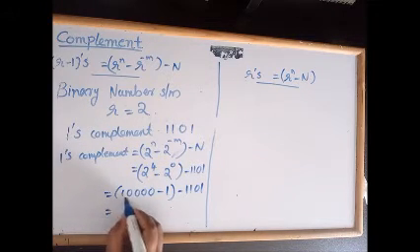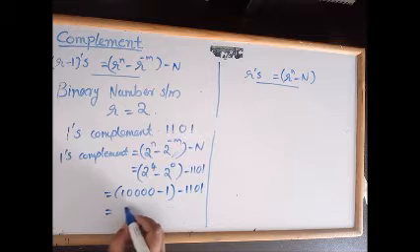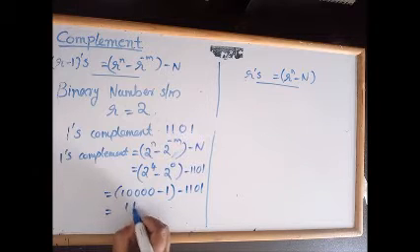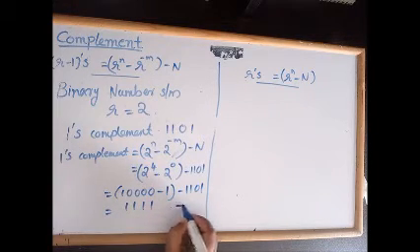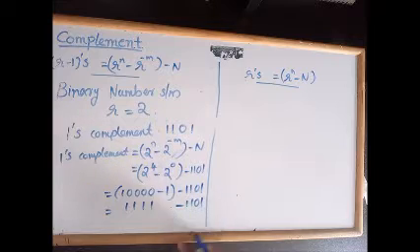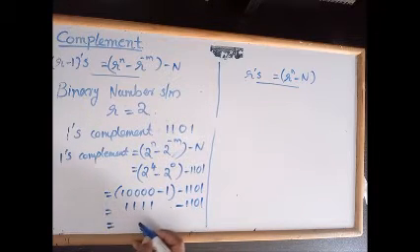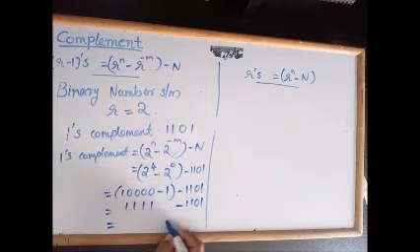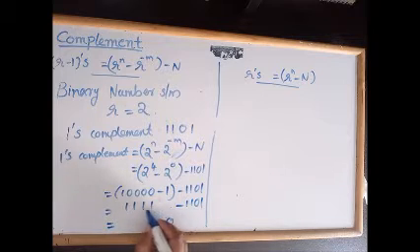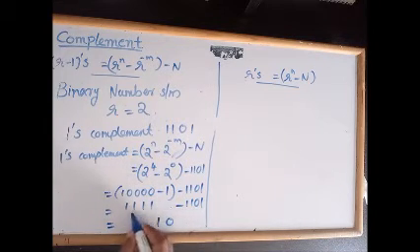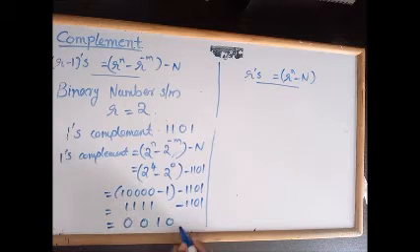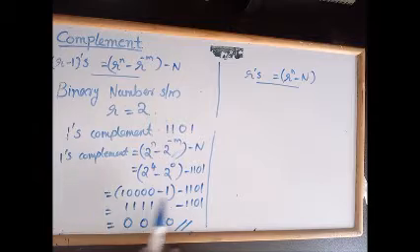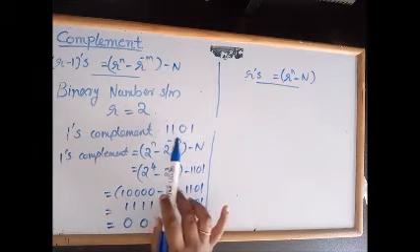So what is 10000 minus 1? It will be 1111 minus 1101. So it is equal to 1 minus 1, 0; 1 minus 0, 1; 1 minus 1, 0; 1 minus 1, 0. So this is the answer for the question, 1's complement of 1101.